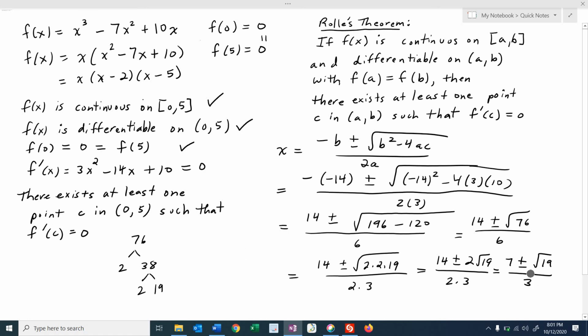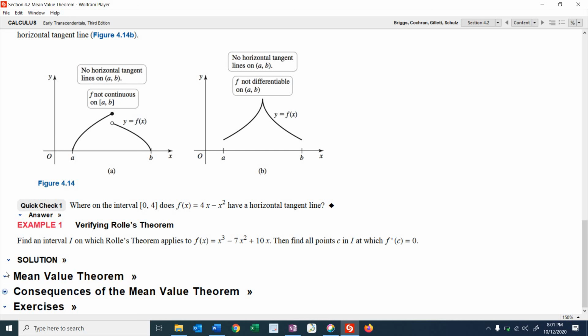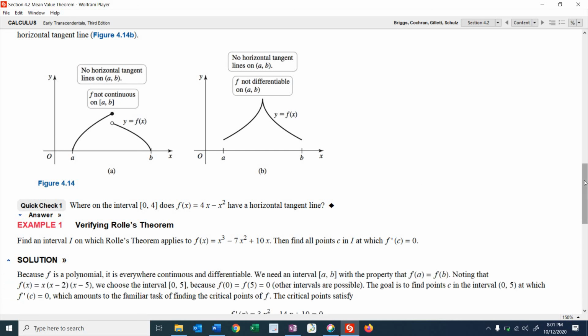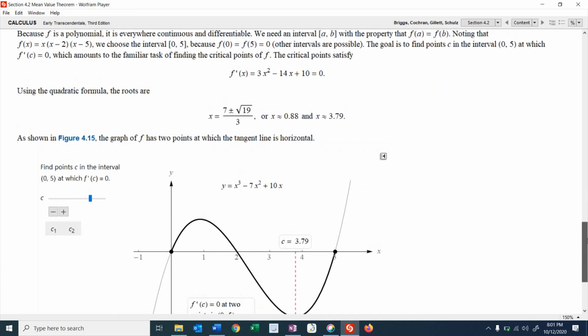So we should plug these into a calculator to get their decimal values and see if they're in the interval from 0 to 5. Okay, so if you do that, you'll find that the two answers you get are approximately 0.88 and 3.79. Of course, both of those are in the interval from 0 to 5.